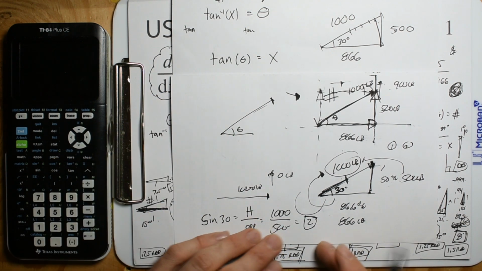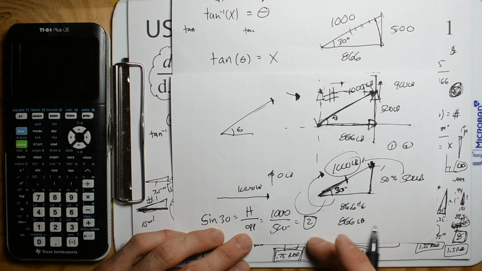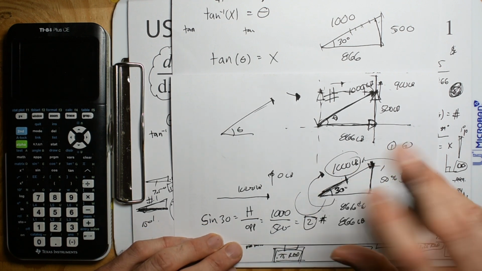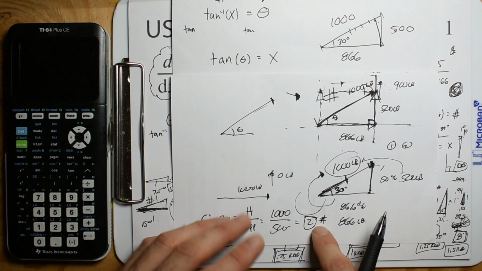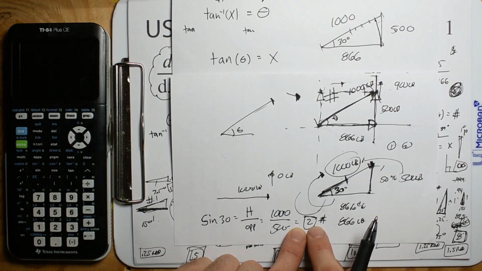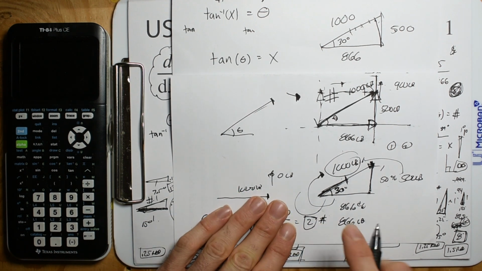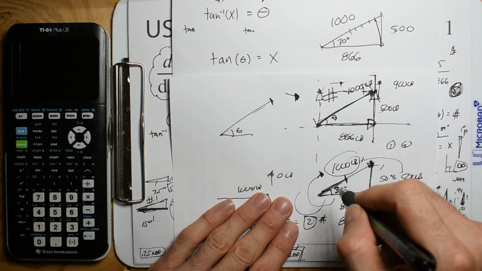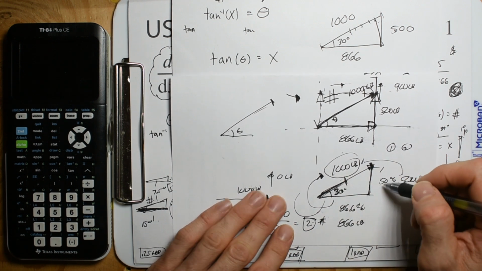That would suck, because then this number doesn't really represent something useful. No, hold the phone. This number would represent that the hypotenuse is double the opposite.